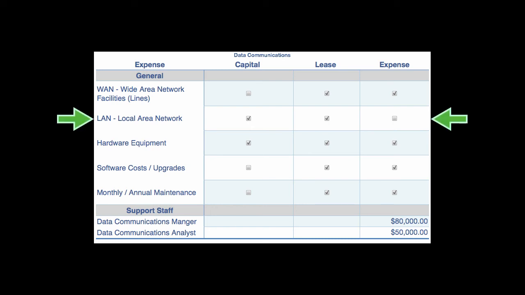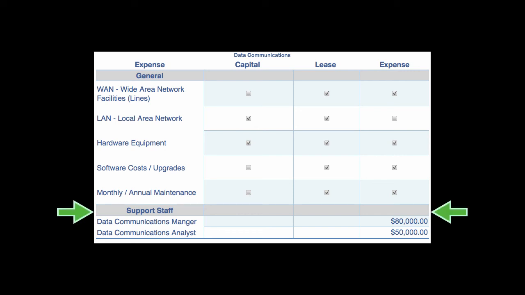Then you're going to have your internal local area network. This is the equipment that allows the computers to talk to the servers, to talk to the mainframes. So you've got some internal local area network equipment that is either capitalized or leased. Then you've got other hardware equipment that sits within the IT or telecom room, and then you've got your ongoing software costs, upgrades for this equipment, and of course, don't forget monthly and annual maintenance.